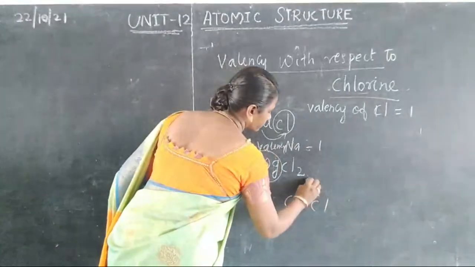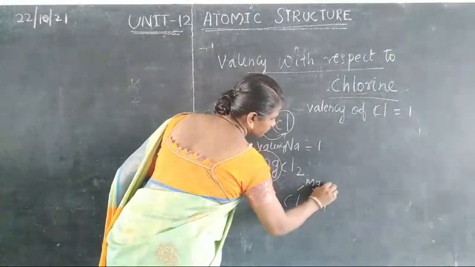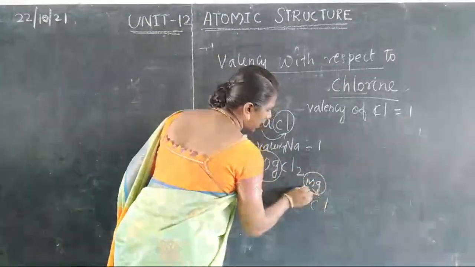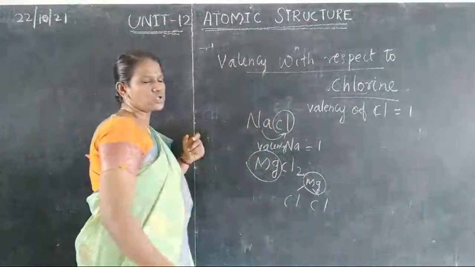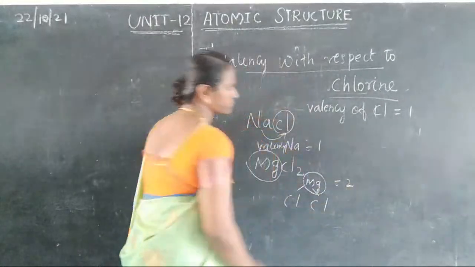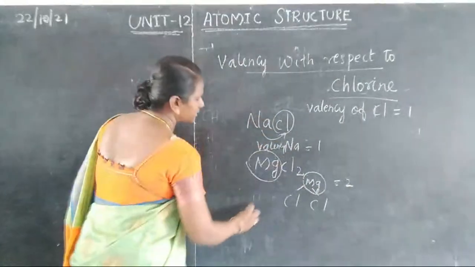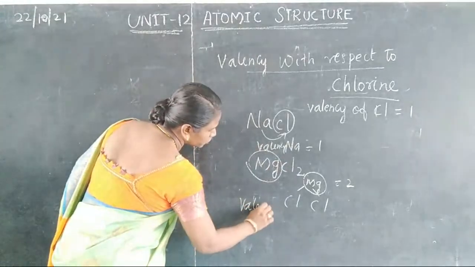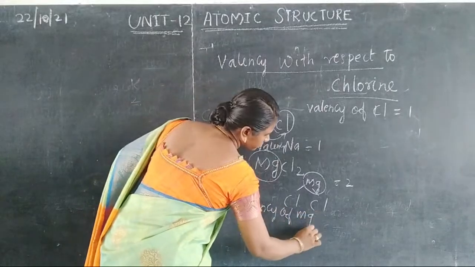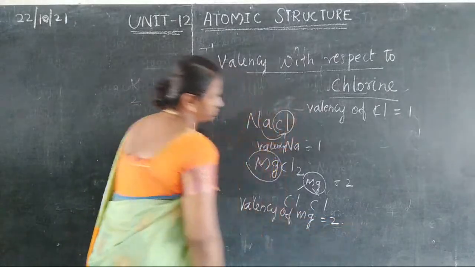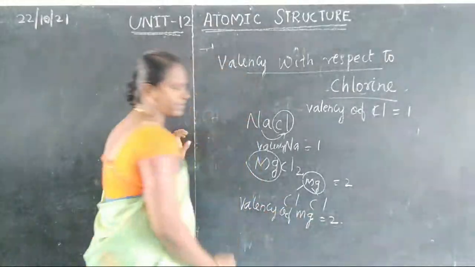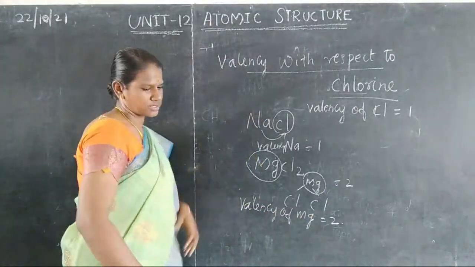So we can say that the magnesium is attached with 2 chlorine. So the valency of magnesium here is 2, because it combined with 2 chlorine atoms.